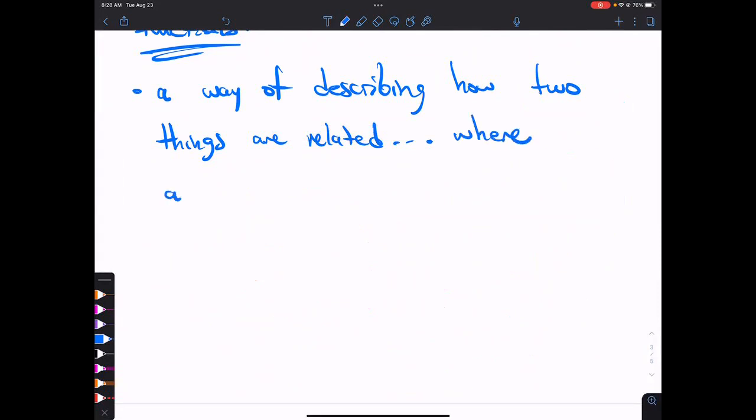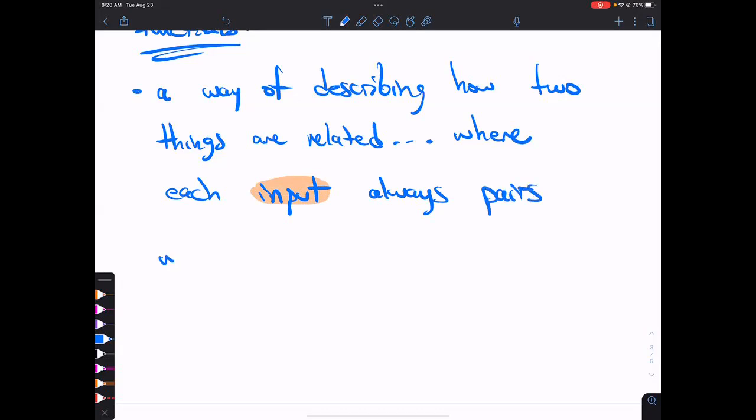Where each input always pairs with one particular output.